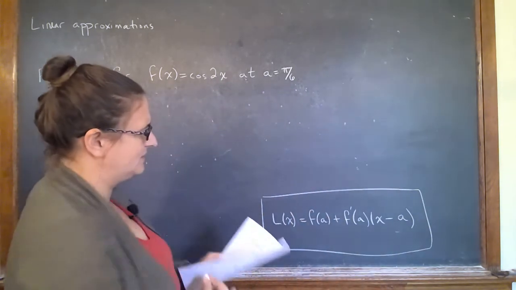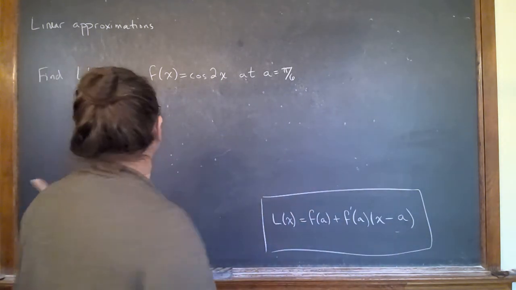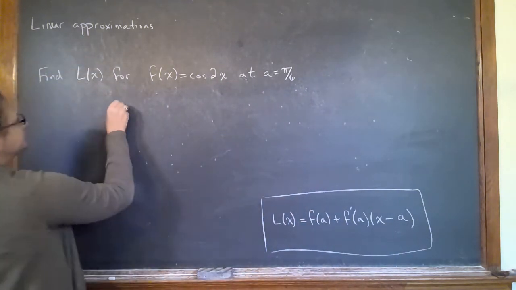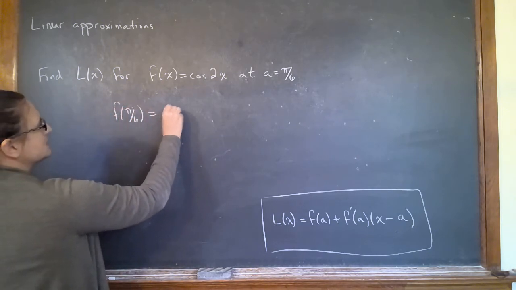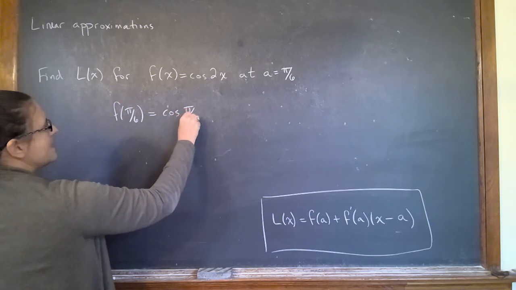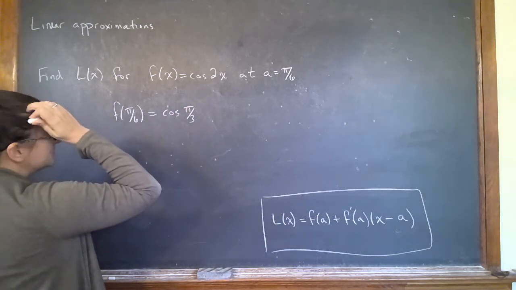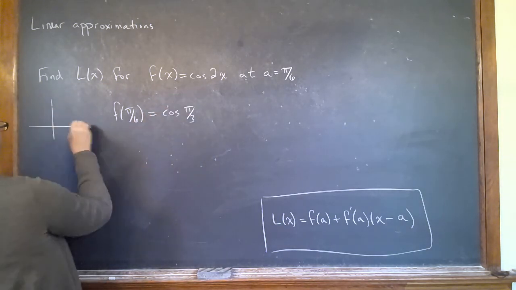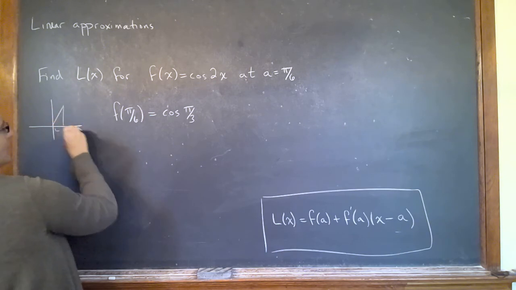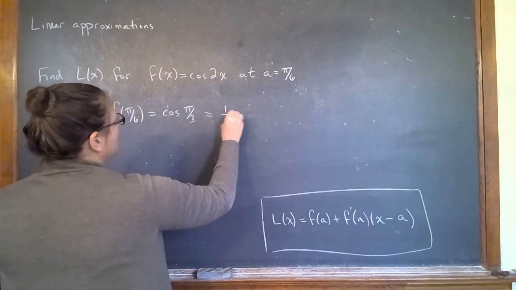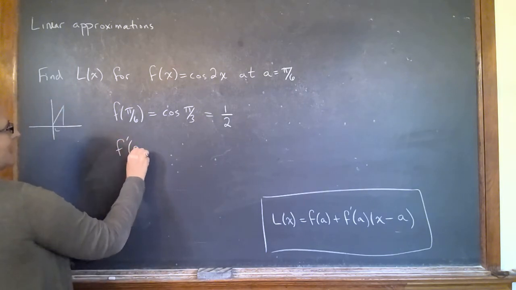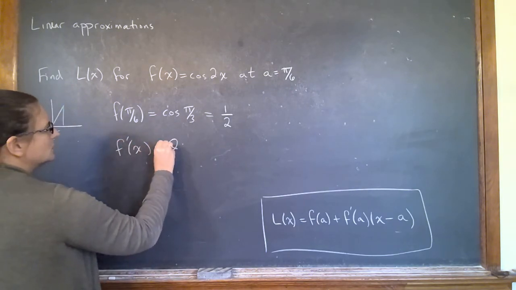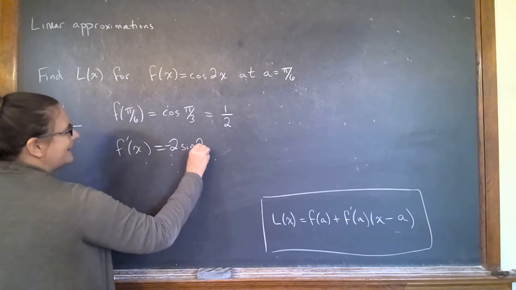So this is really easy, right? f of pi over 6 is cosine of pi over 3, 2 times pi over 6. That's 1/2. f prime of x is just minus 2 sine 2x.